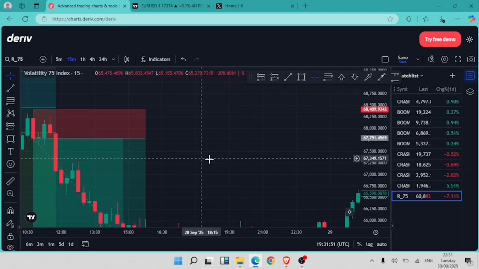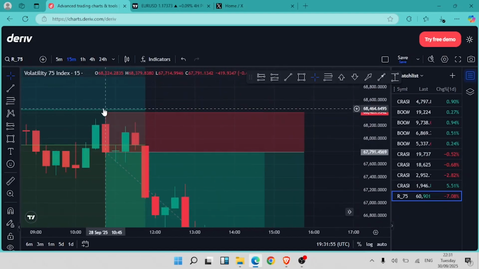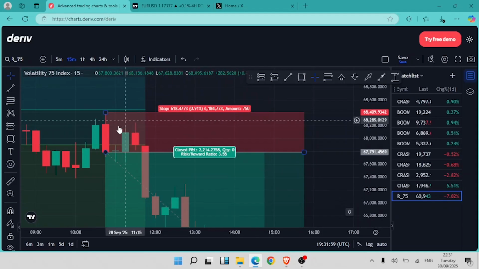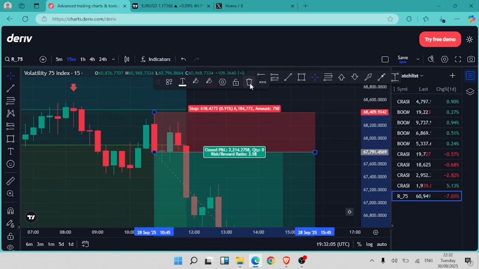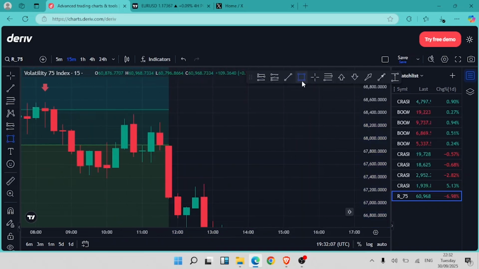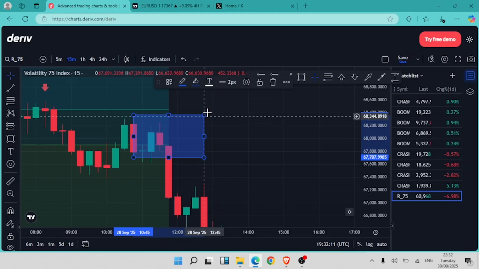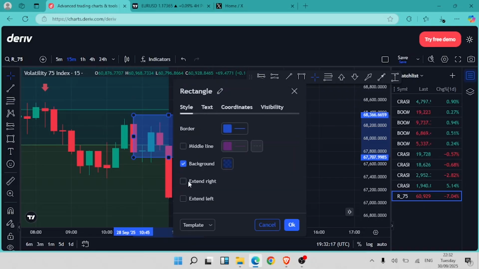The second way to engage this idea is that an engulfing candle forms, and then you wait for retracement to the 50% of this engulfing candle, right? So in a nutshell, you just need to get maybe a rectangle. This rectangle should give you a midpoint. Do we have a midpoint for this?